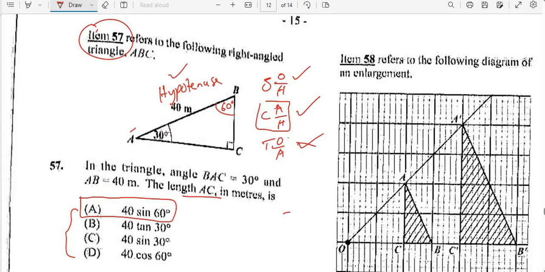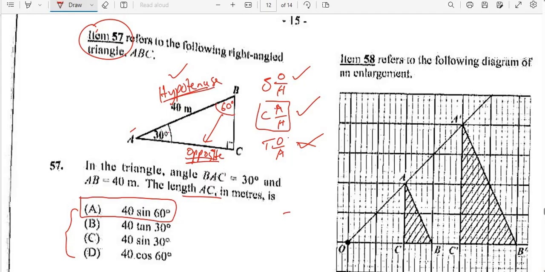We're not going to use tangent. And AC now is the opposite of the acute angle. We have to find AC, so we have to include AC, but it's opposite the angle that we're now using.